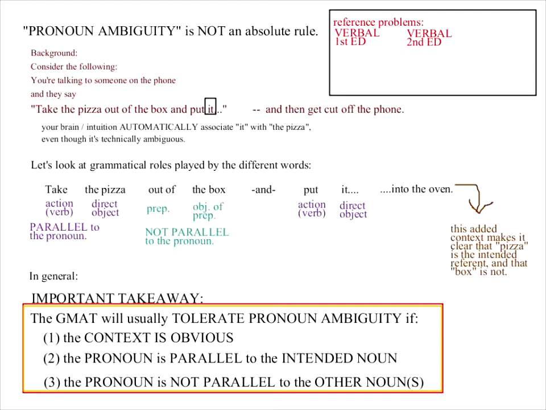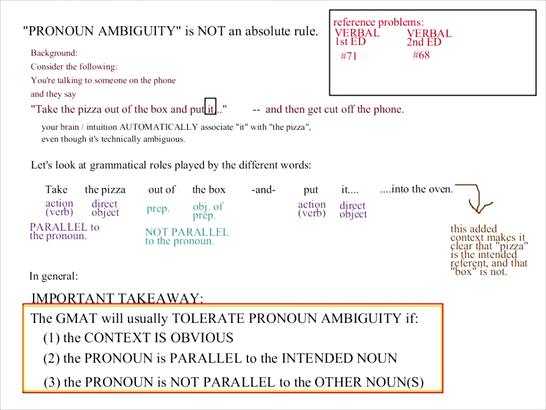Sorry, it's number 68 in the second edition, and it's number 71 in the first edition.